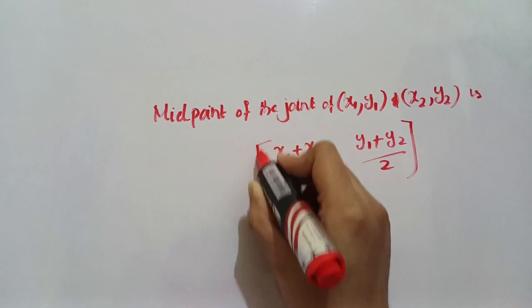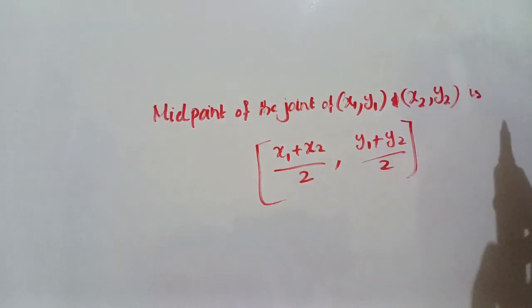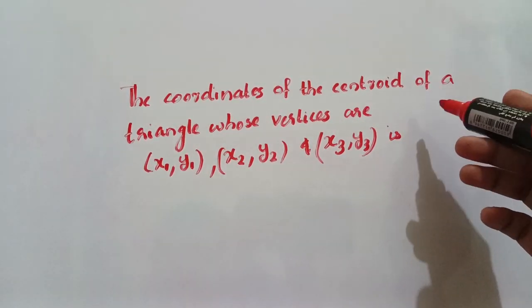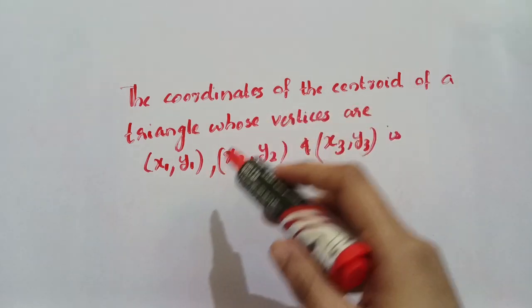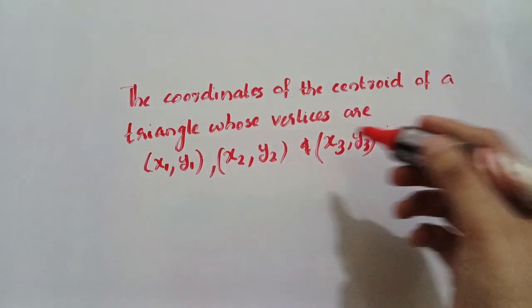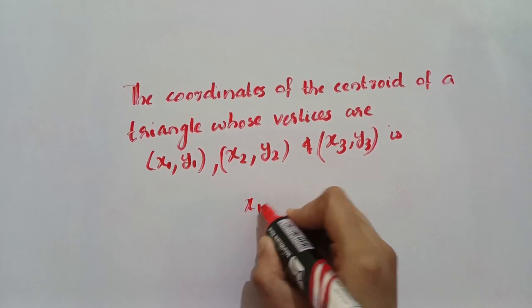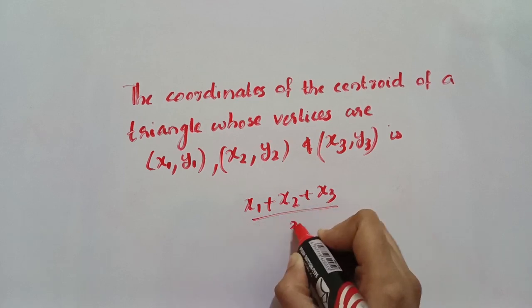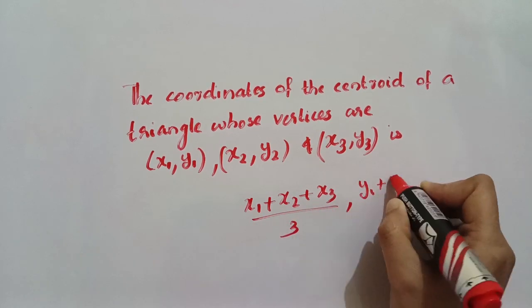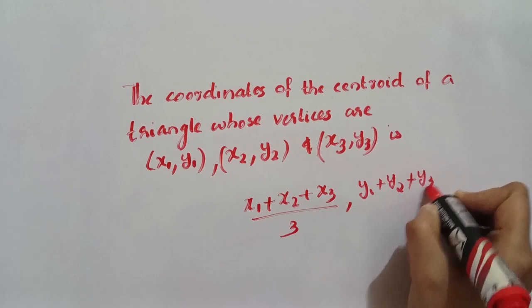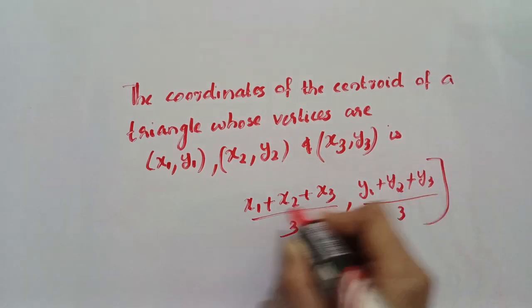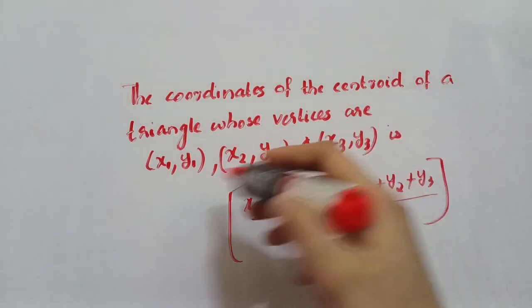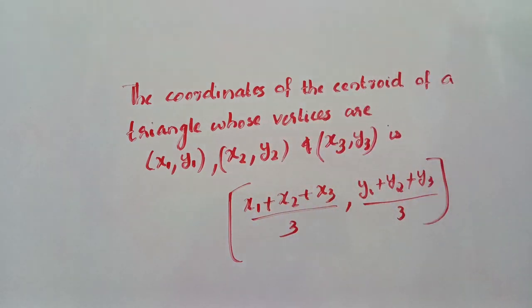The coordinates of the centroid of a triangle whose vertices are (x1, y1), (x2, y2) and (x3, y3) are (x1 plus x2 plus x3) by 3 and (y1 plus y2 plus y3) by 3.